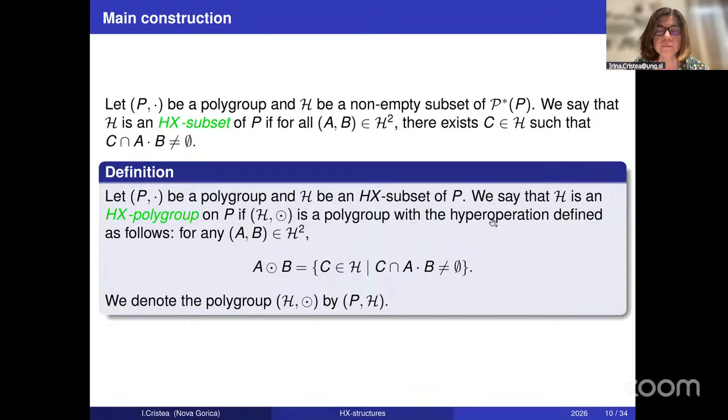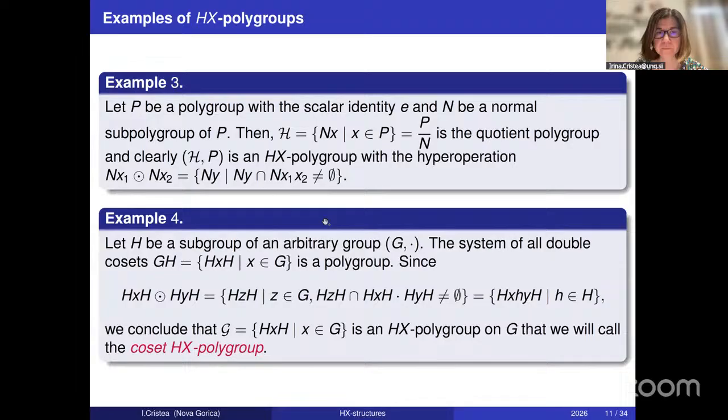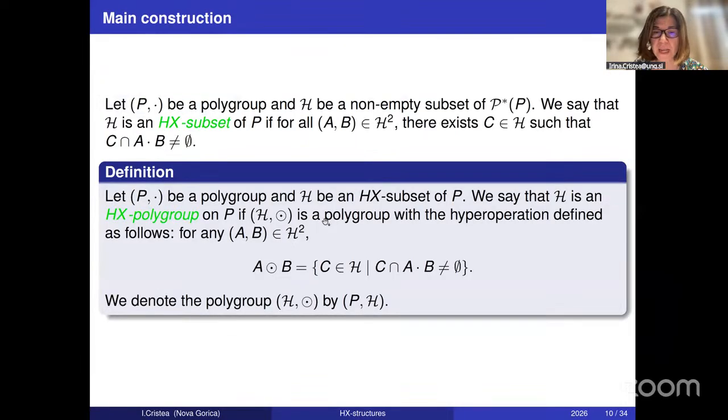We say that H is an HX polygroup on the polygroup P if H is a polygroup, as we know from hypercompositional algebra, with the hyperoperations defined in this way. So I take two elements and consider the set of elements C with the property that the intersection between C and the binary operation AB is non-empty.